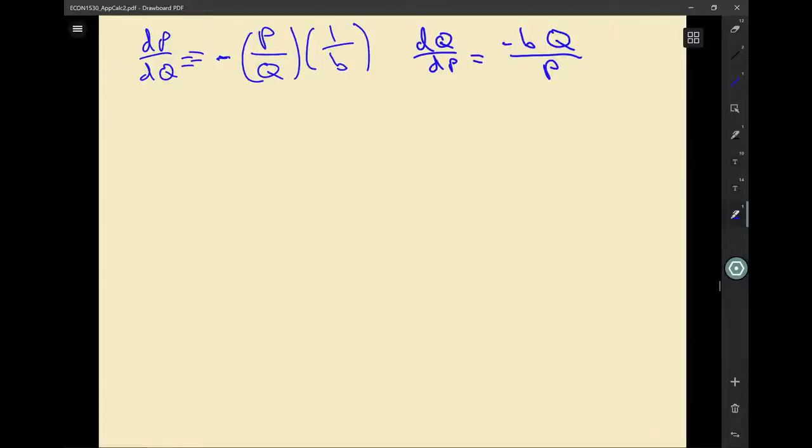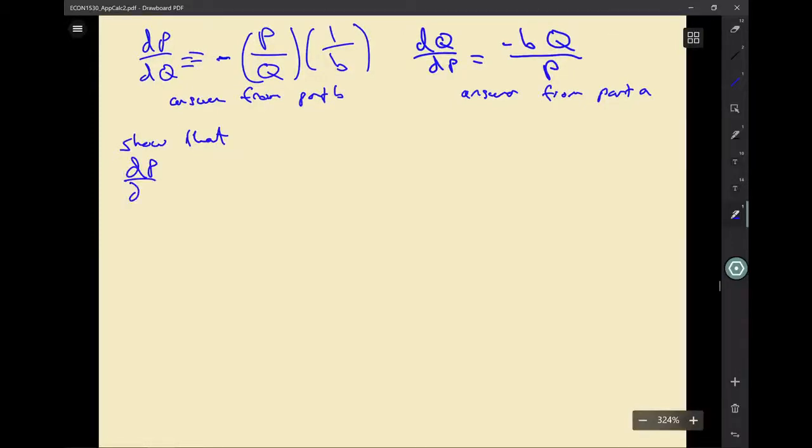Now I did some rearranging off camera. This is our answer from part A. This is our answer from part B. And we want to show that the change in P with respect to Q is equal to 1 over the change in Q with respect to P. And I'm going to take this thing.